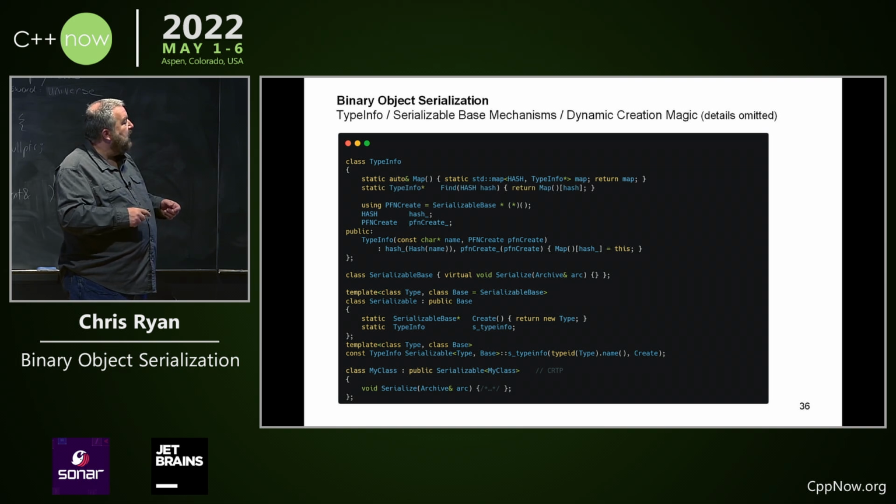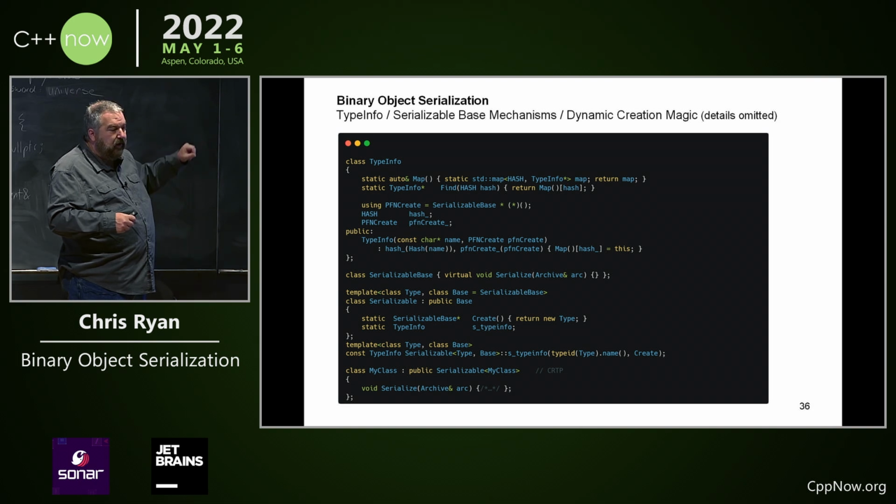So when I want to find one of these objects, I just ask a type info, so static says find hash. It grabs the static map and it looks up the hash and it returns me this type info. And at that point I can compare the hash to make sure that it's what I was expecting.